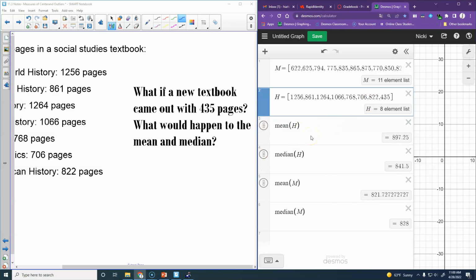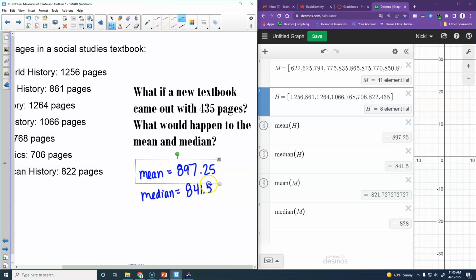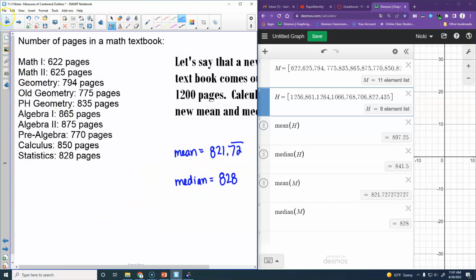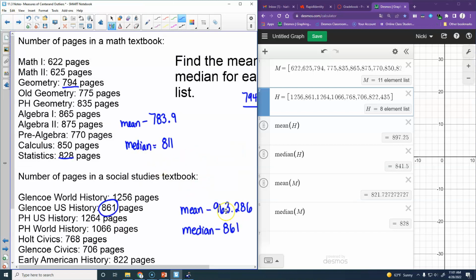All right, so our new mean here would be 897.25. The median, 841.5. And that was down. The old mean was 963 and then 861.